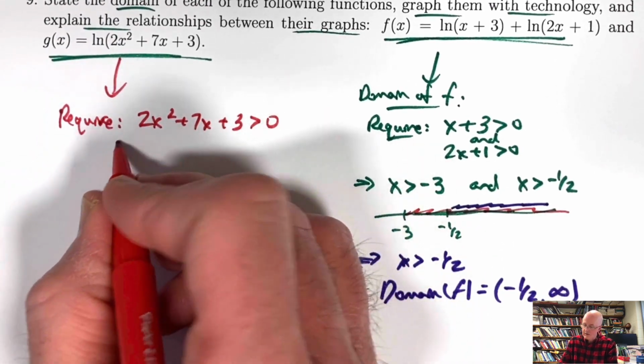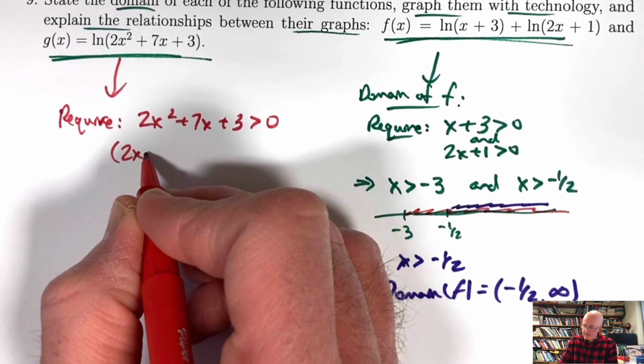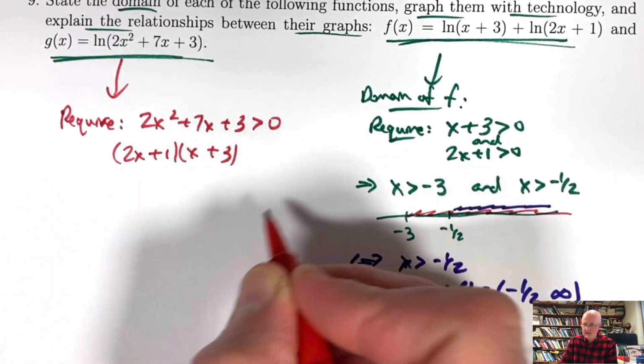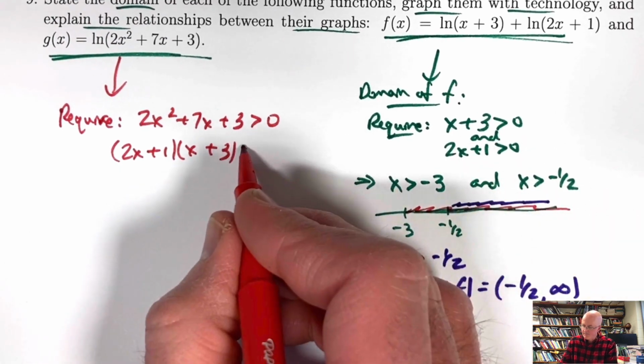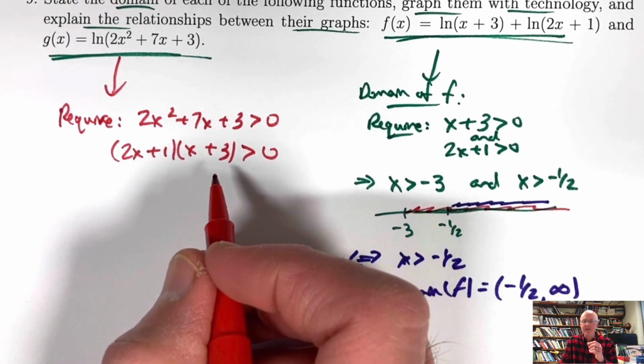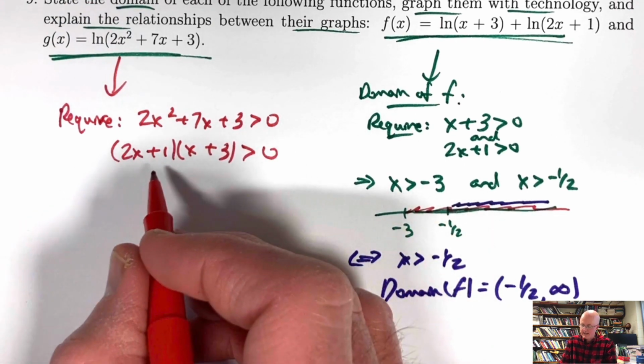You need to factor, and it factors as 2x plus 1 times x plus 3. We've seen these kinds of things before over here, right? We require that to be positive. But that being positive can happen in two ways.